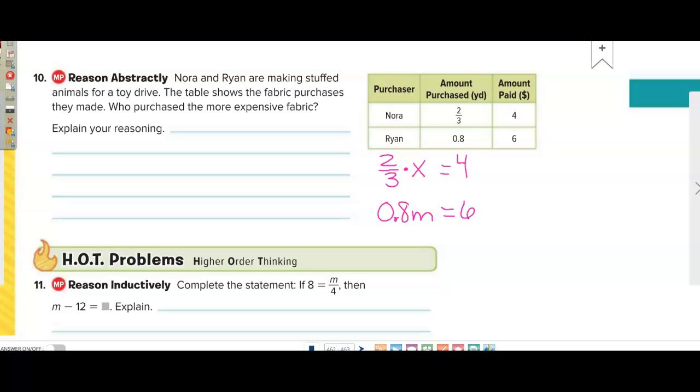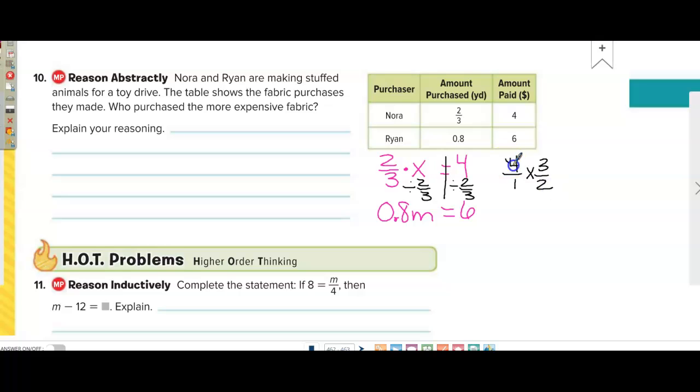So the first one up here, these two are multiplied, so the opposite would be to divide. We divide by the number with the variable, which is 2/3. Again, we keep change flip. We keep 4/1, change division to multiplication, and flip it to make it 3/2.